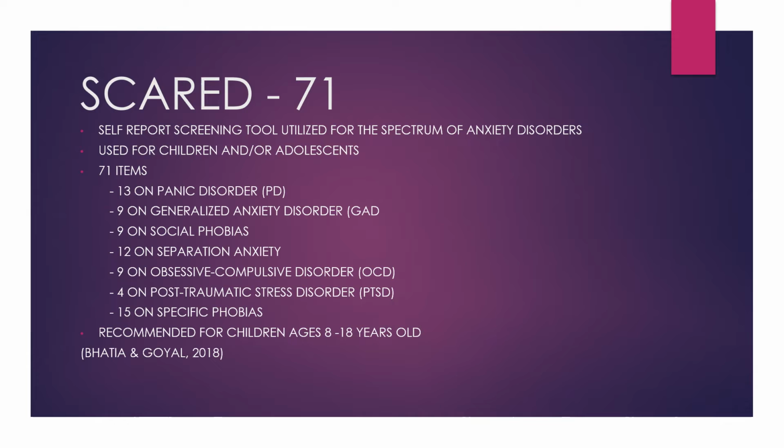So if you're the clinician and your client is presenting, you can actually see here the breakdown for where this screening tool is more specific or sensitive on panic disorders, separation anxiety, or specific phobias, whereas it's sort of weak on your area for post-traumatic stress disorder. So if your client is presenting with a history of a traumatic event and you're trying to rule out that diagnosis, this may not be the screening tool to utilize for that client.